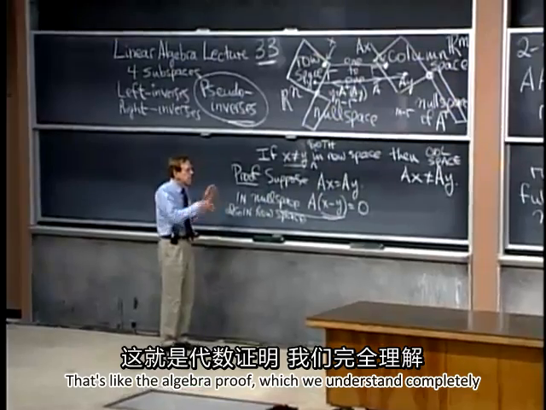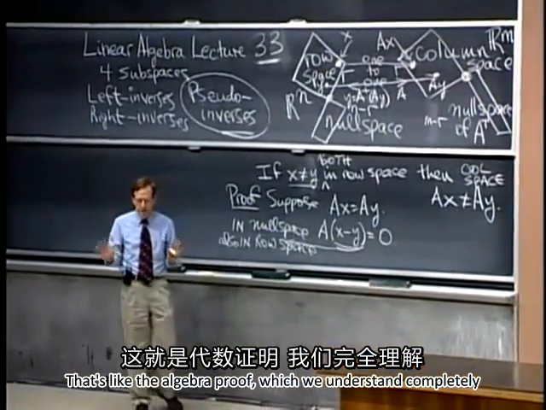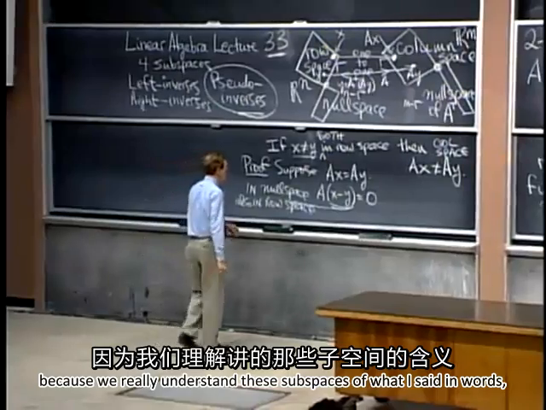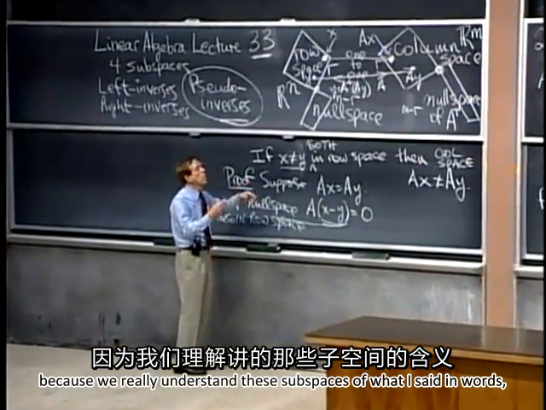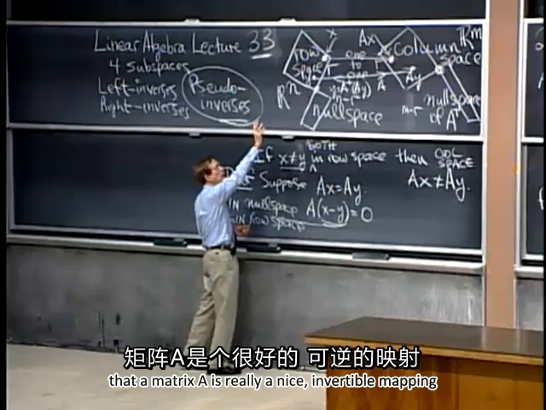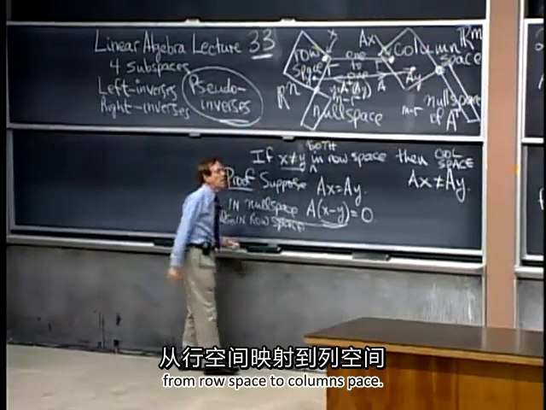That's like the algebra proof, which we understand completely because we really understand these subspaces, of what I said in words, that a matrix A is really a nice invertible mapping from row space to column space.